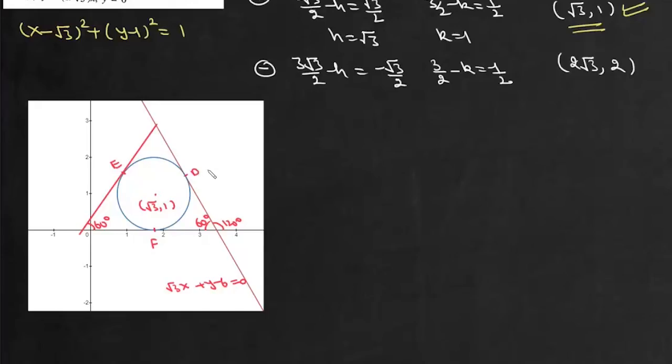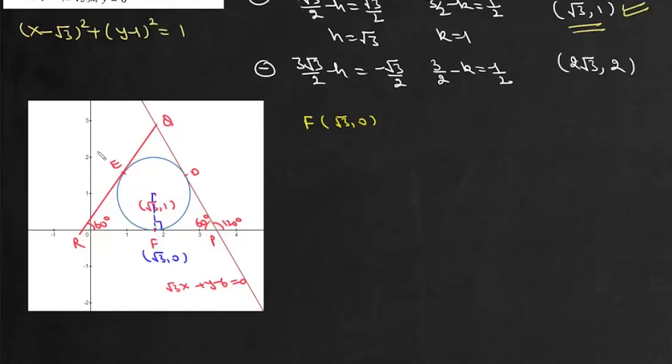And this is your point D. This is P, Q and R. Now we know that this is the x-axis, so this line will be perpendicular to the x-axis. So the coordinate of this point F will be root 3, 0. So the coordinate of this other contact point F is root 3, 0. And we have to find the coordinate of this point E.